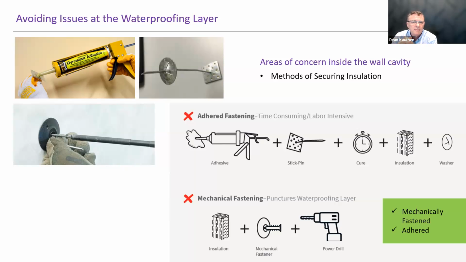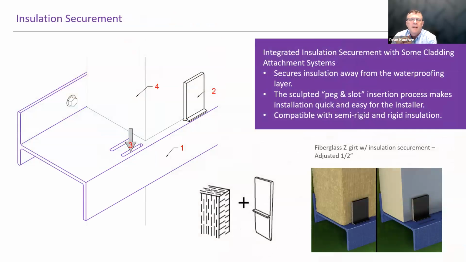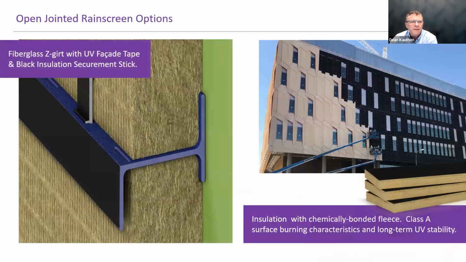Likewise, with mechanical fasteners, you're adding one more puncture at every point that you fasten a stick pin. And anytime we're touching that waterproofing layer, there's a chance of human error. So having an insulation securement system such as this one, which uses a peg and slot method for securing the insulation, is one way to overcome that. No stick pins are required for this particular insulation securement.